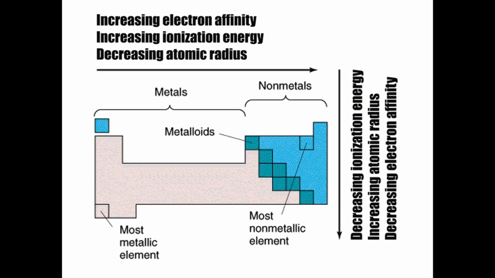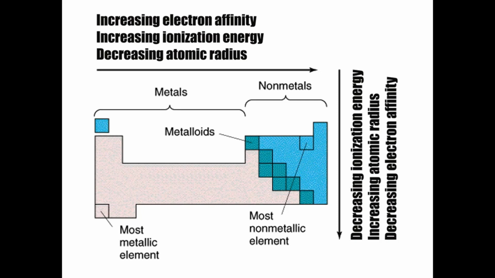Here we can see how these three periodic trends increase and decrease together along the periodic table. It's important to bear in mind that although one periodic trend may be decreasing while the other is increasing, they're doing so very likely for the same reason.